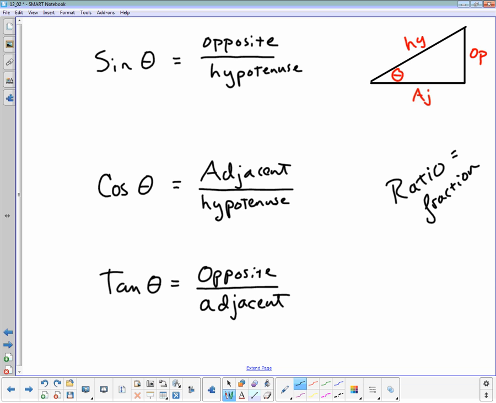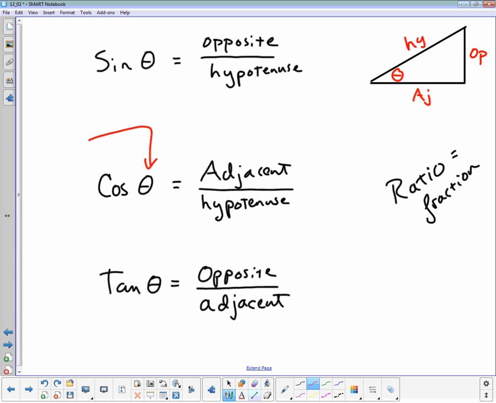One other thing. This theta that you are looking at right there, it's a degree. It's some number of degrees, because theta is a measurement of an angle. So you can't take the cosine of 3 feet. It doesn't make sense.